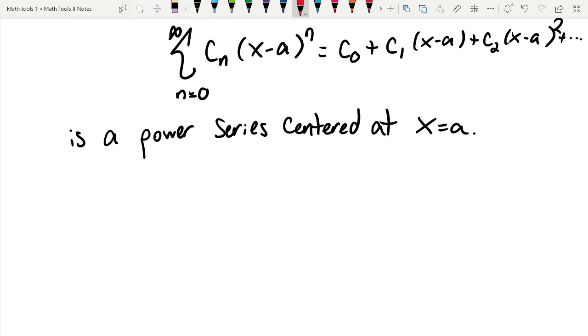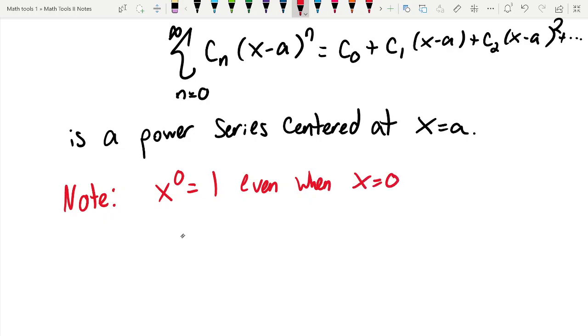Now, one thing that's a little weird here, and this isn't super consequential to anything, but in this context, x to the 0 is usually defined as 1, even when x equals 0.